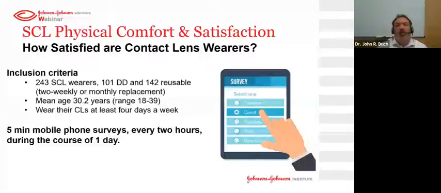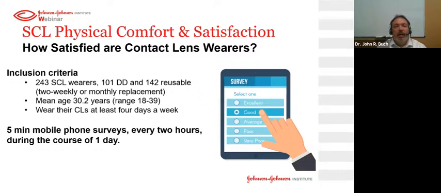And the reason that I shared that with you is that for this next slide, I would like to share a survey that was conducted that helps us illustrate not only why our measurement of comfort is important, but also how it correlates with overall patient satisfaction.